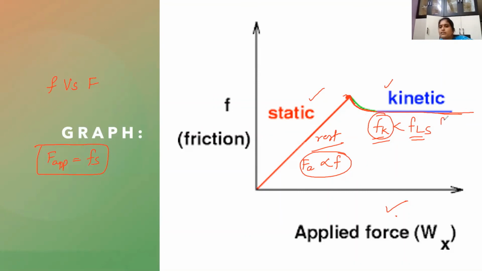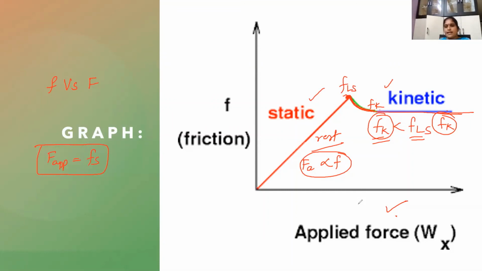So the frictional force becomes Fk. The frictional force reduces from Fls to Fk initially drastically, and after that Fk remains constant and the body continues to accelerate. So this is about the graph related to static and kinetic friction. This is your first module on friction.